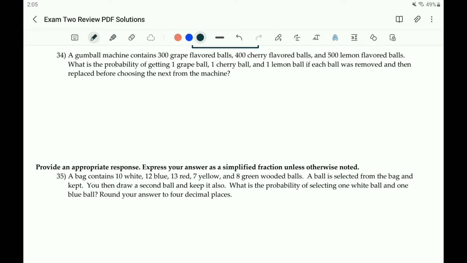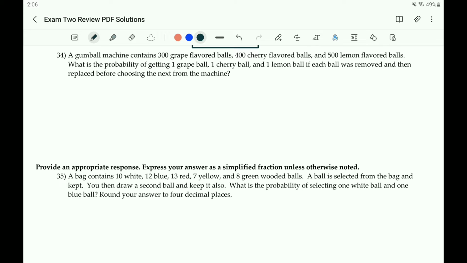It says, a gumball machine contains 300 grape-flavored balls, 400 cherry-flavored balls, and 500 lemon-flavored balls. What is the probability of getting one grape ball, one cherry ball, and one lemon ball if each ball was removed and then replaced before choosing the next from the machine?